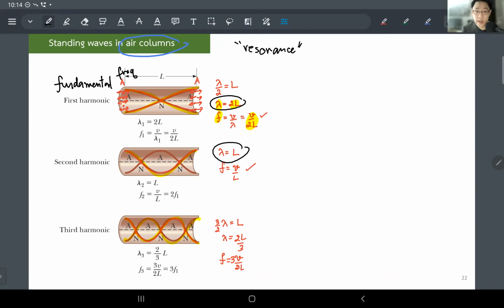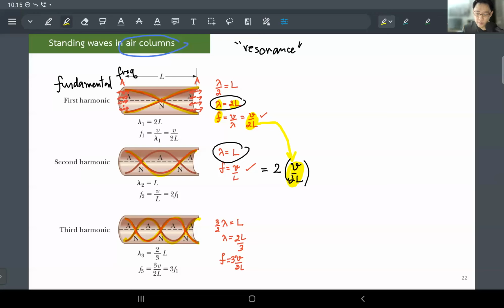Now, if you move to the next one, I can rewrite this as 2 times V over 2L. And V over 2L is just the fundamental frequency here, right? So the next available frequency is going to be twice the fundamental frequency. You guys with me?